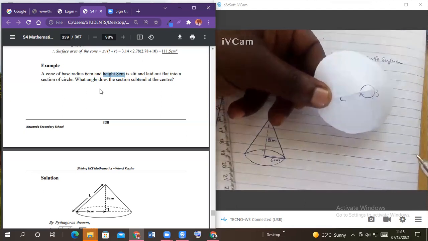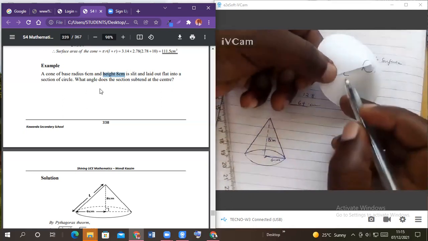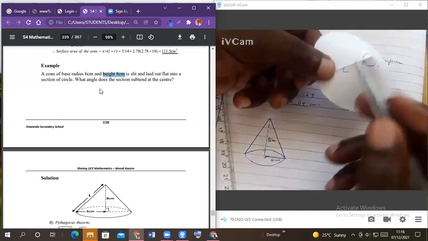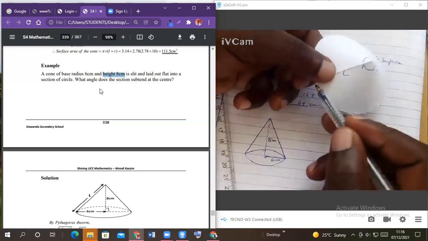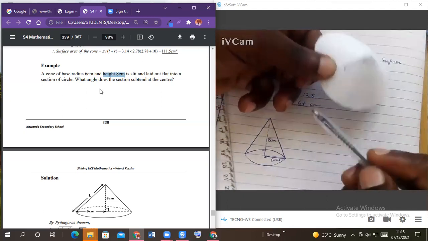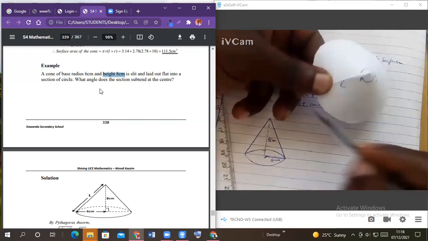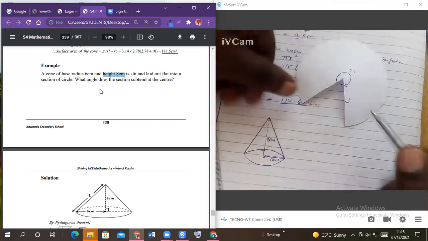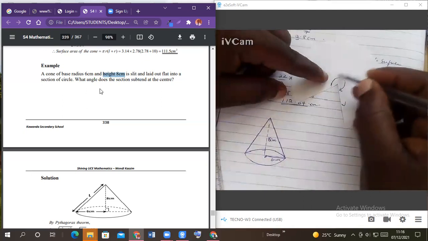So we need to find the circumference of the base, and also find this L, the length from the tip up to this part. We can first find the length L, and later the circumference of the base. Then we shall find the angle subtended at the center.